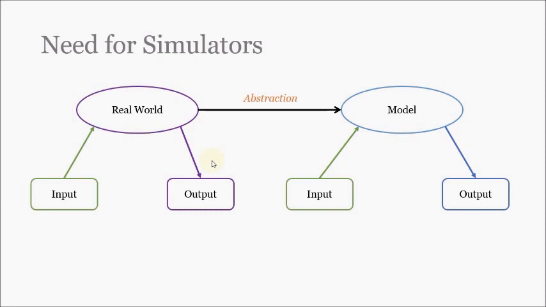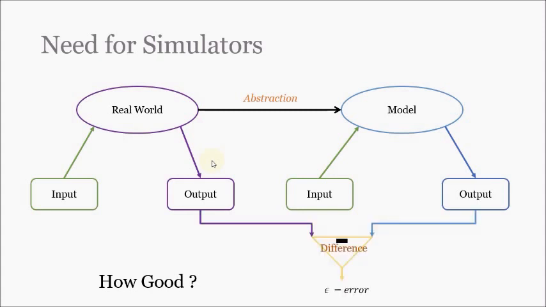Now, we need to find out how well the model works. If the model works quite well, some measure of the error between the outputs should be minimized. In some cases, I will be interested in the squared error. In some cases, I shall be interested in the absolute error.